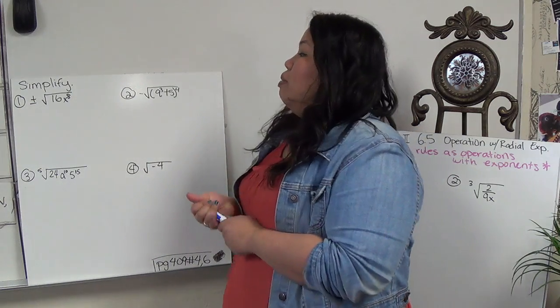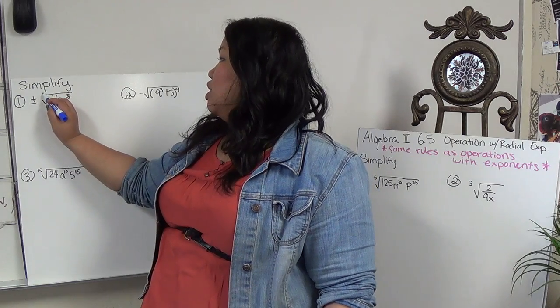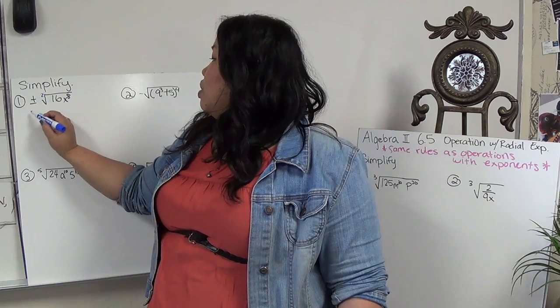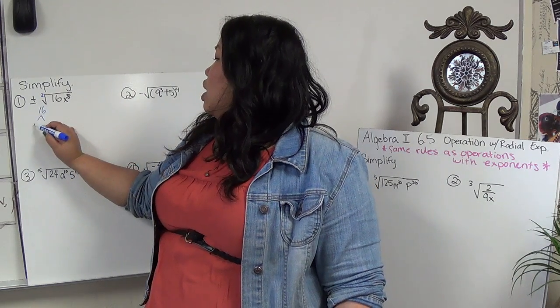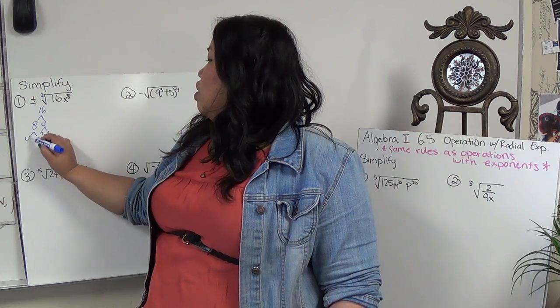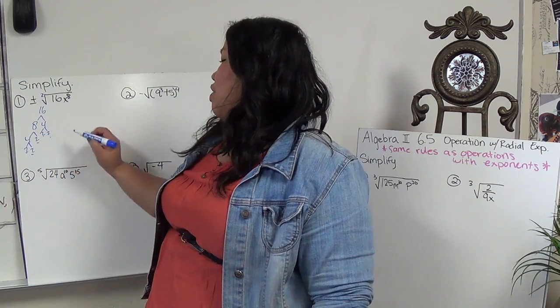Okay, so plus or minus. There's no number out here, so I'm going to assume that my index is 2. So basically, I just need sets. If I broke 16 down, it's 8 times 4, 2 times 2, 4 times 2, and 2 times 2. So 1, 2, 3, 4, 5.